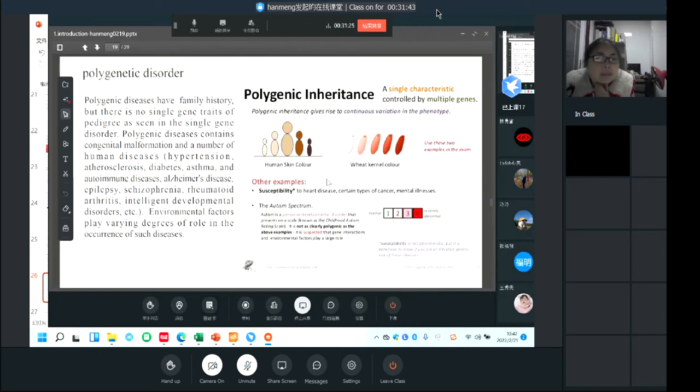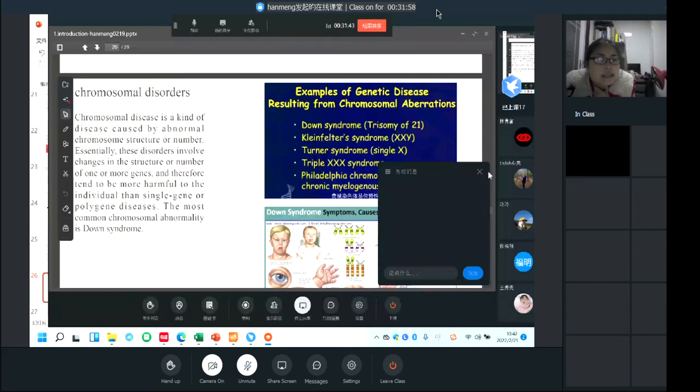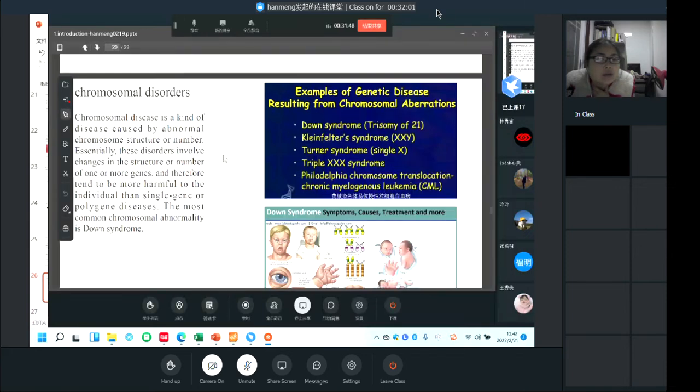The third one is the chromosome disorder. Chromosome disease is a kind of disease caused by abnormal chromosome structure or number. Essentially, these disorders involve changes in the structure or number of one or more genes, and therefore they tend to be more harmful to the individual than single gene or polygenic disease.